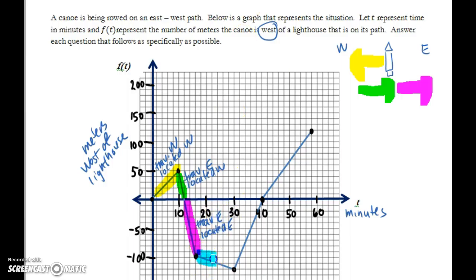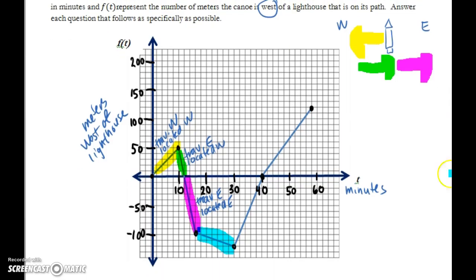Then in our blue portion, still traveling more and more east, and it's still located east. So there we are in blue. And so still traveling east and located east. And then if we look at this red portion here, it's headed back towards the lighthouse. The lighthouse is here on the axis.